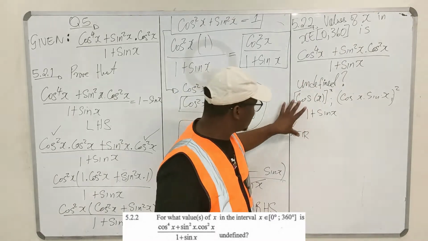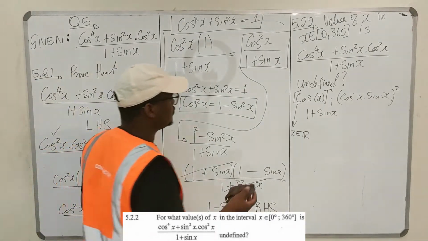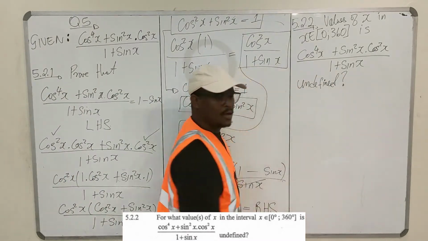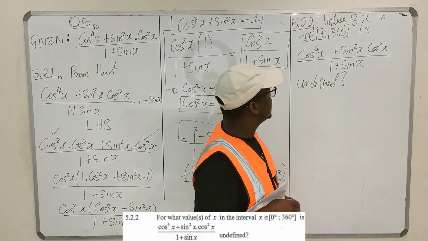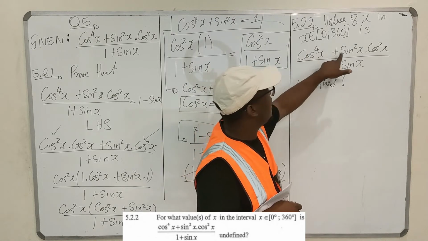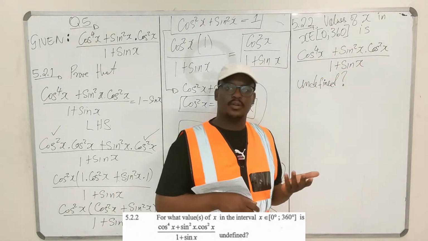So let me clean this and then go back to the combination. Okay, so now we're dealing with the combination. The top part will always be defined, and this part will always be defined, and this one will always be defined in this form.